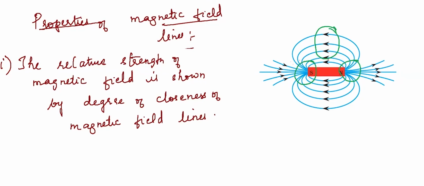So when they are close together, the magnetic field strength is maximum. And when they are farther apart in distance, the magnetic field is less strong.